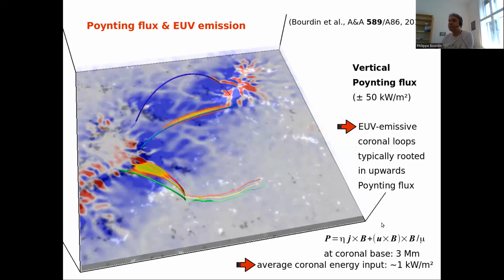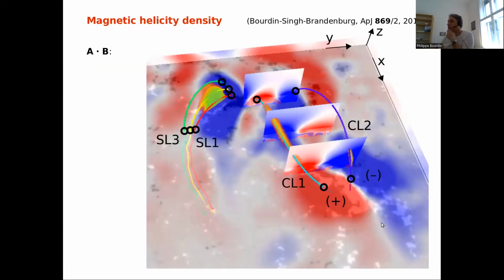Okay. Now, what we can check then is along those loops, which you see here a bit from a different angle, we can plot the helicity density. Helicity density would be A dot B, so vector potential times magnetic field. And the helicity density is a quantity that you can calculate at each pixel of the simulation.